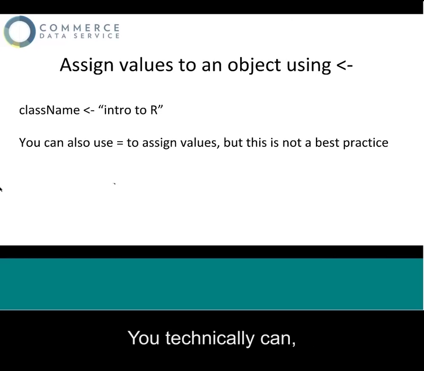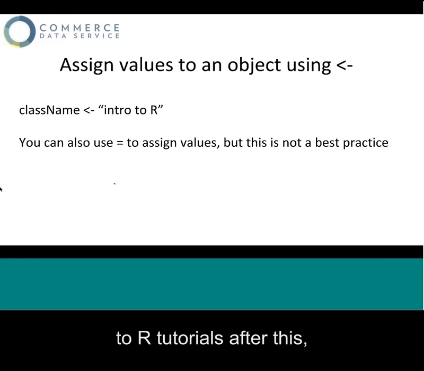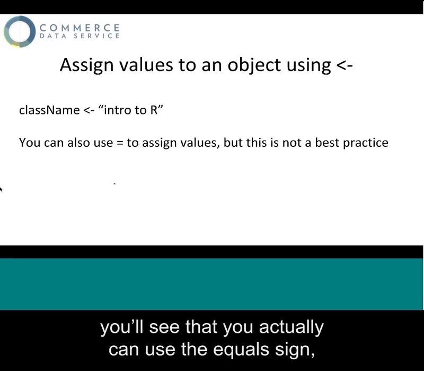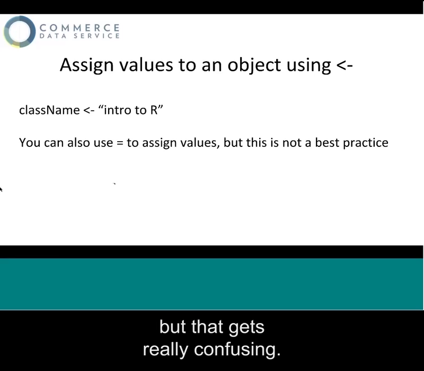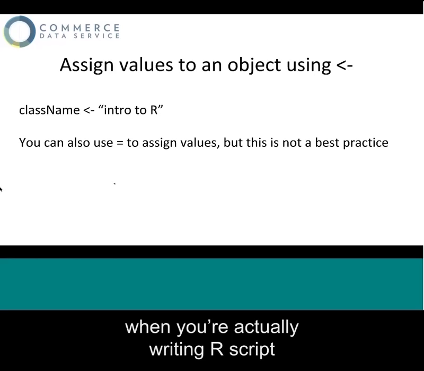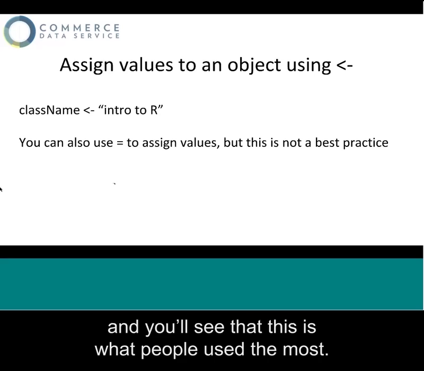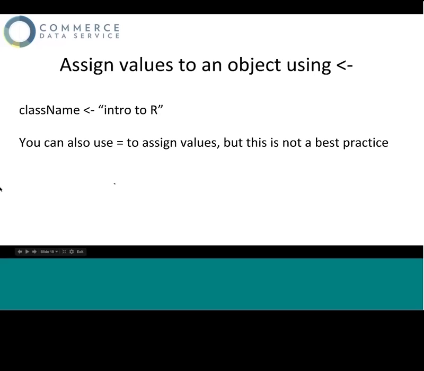If you look at intro to R tutorials after this, you'll see that you technically can use the equal sign, but that gets really confusing. It's not a great practice, especially because you're going to use that in different ways when you're writing R scripts that don't involve assigning anything to an object. So this is generally safer, and you'll see that this is what people use the most.